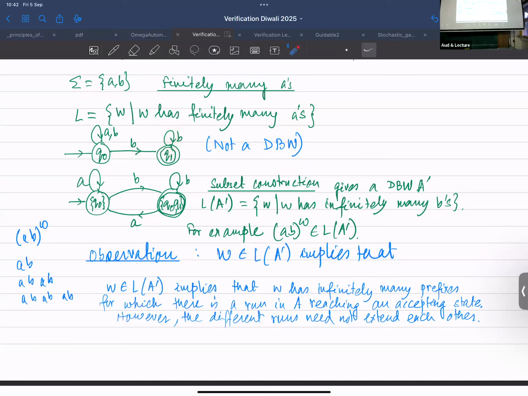So this you can do here also, right? You just come here and then you just keep looping here. But in addition, once you reach here, the A transitions are not defined. But here, for example, you have the A transition, right?